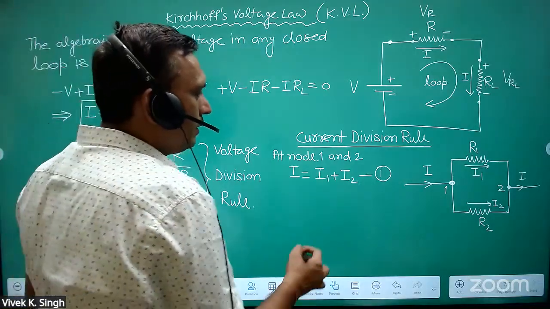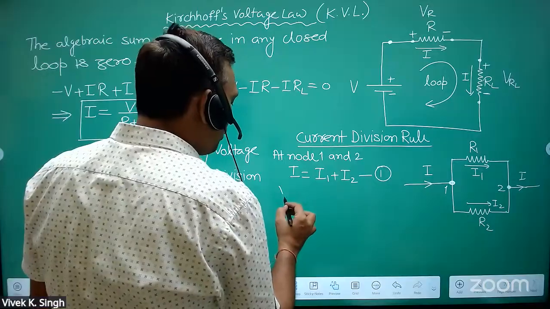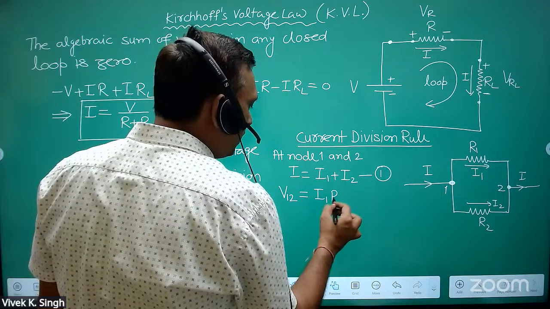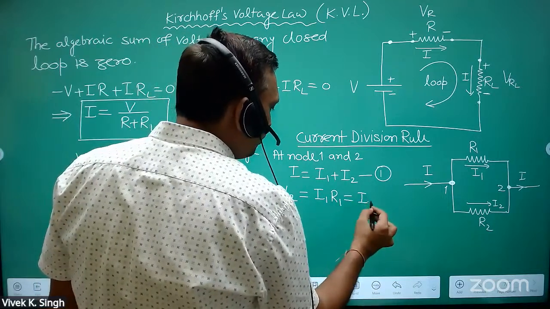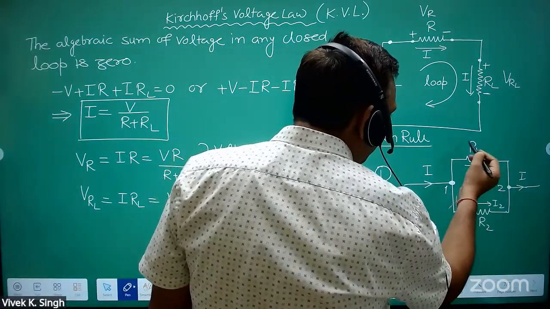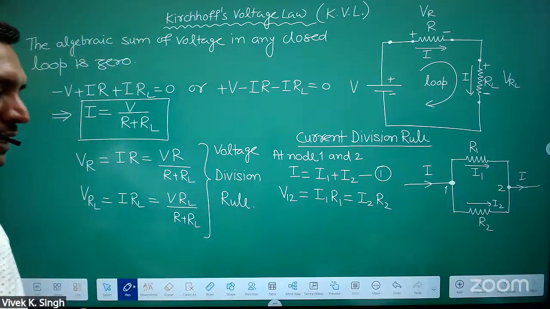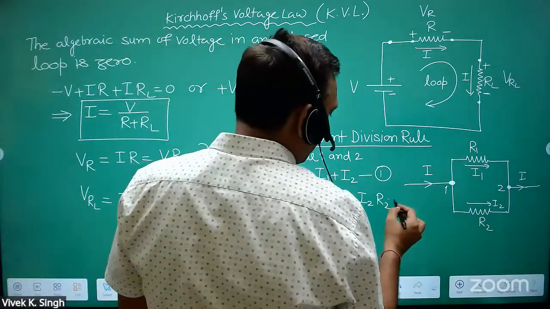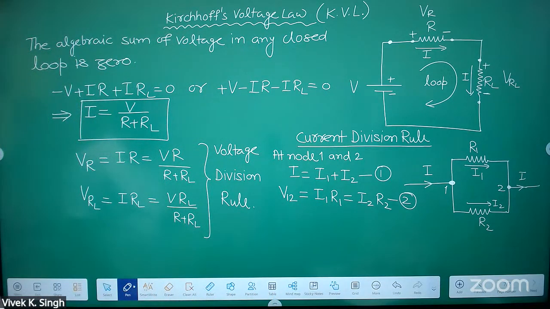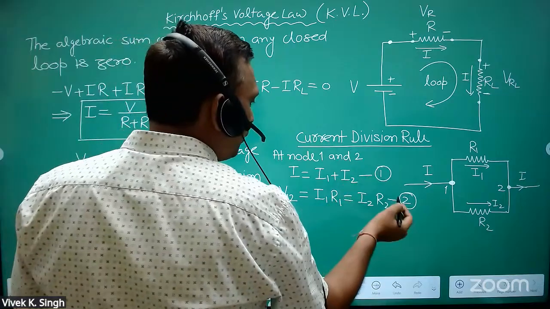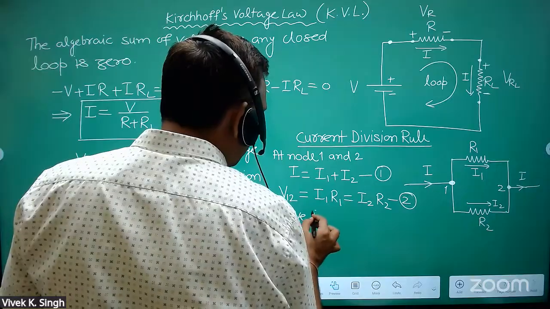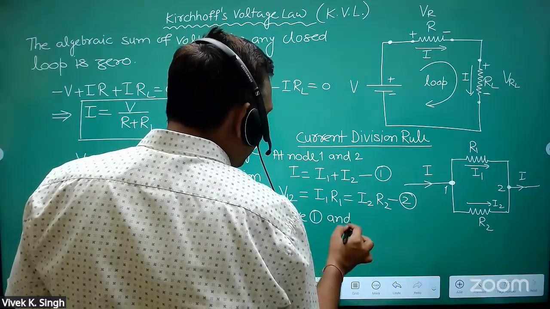And parallel voltages are same. So what is voltage drop across 1, 2? This will be same as I1 R1, and that is same as I2 into R2. Voltage drop between 1 and 2 will be same. Parallel voltages are same. Right? Okay? Now solve 1 and 2.